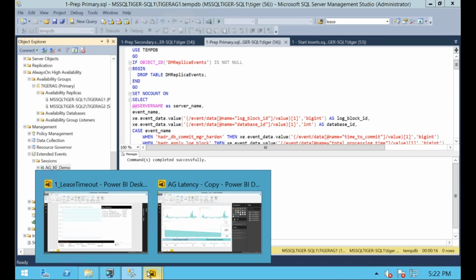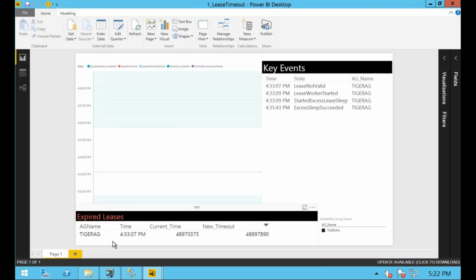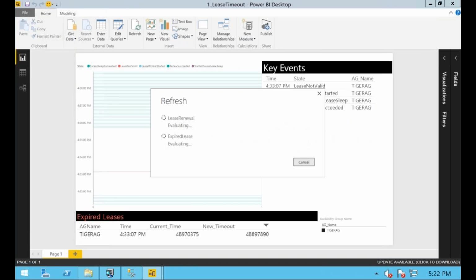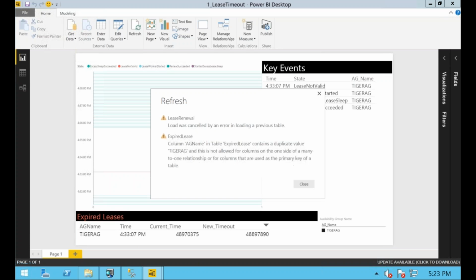So let's go ahead and capture the new set of events. So I'm going to refresh. I'm going to show you the queries in a short while. But before I do that, I will show you what are the events that this Power BI desktop report can pull up.